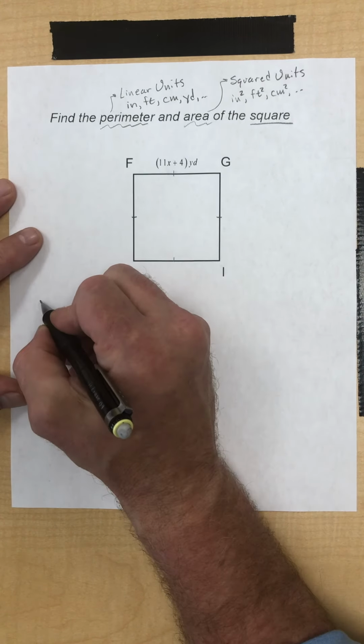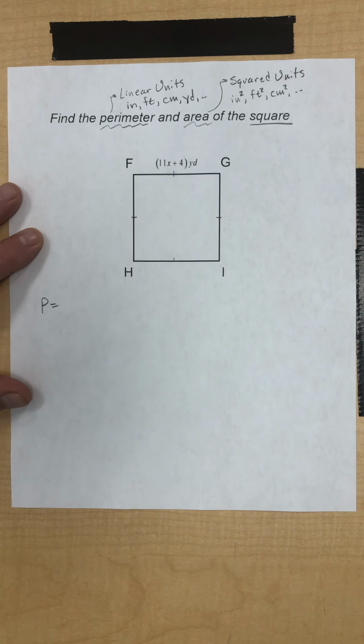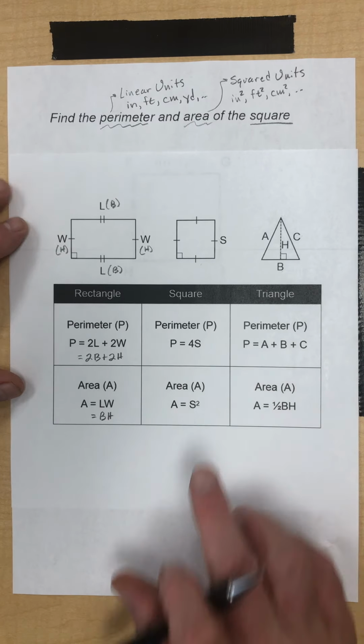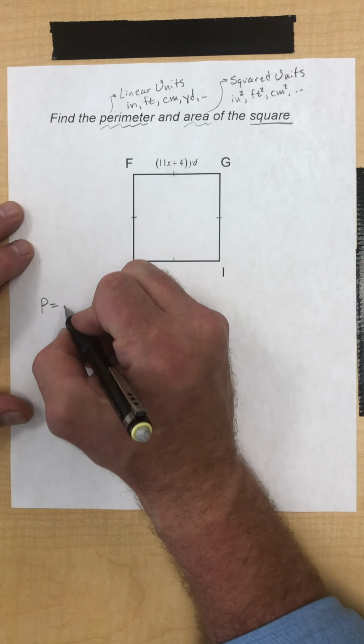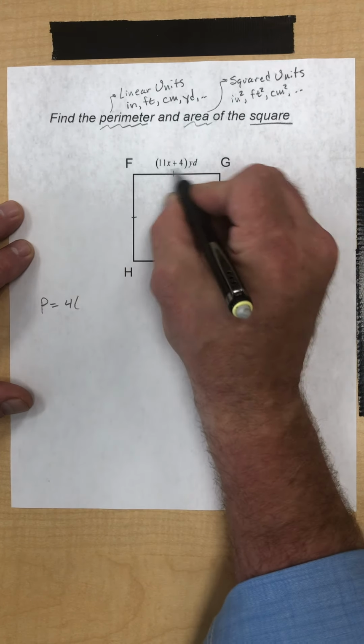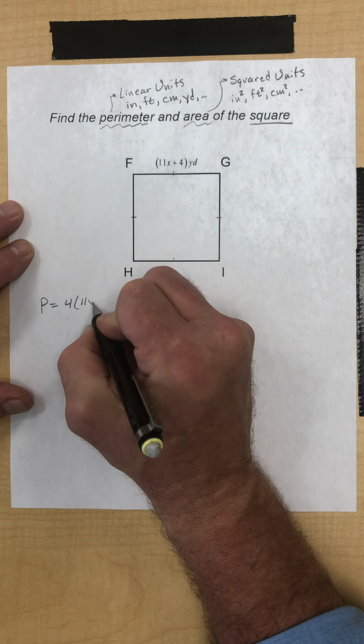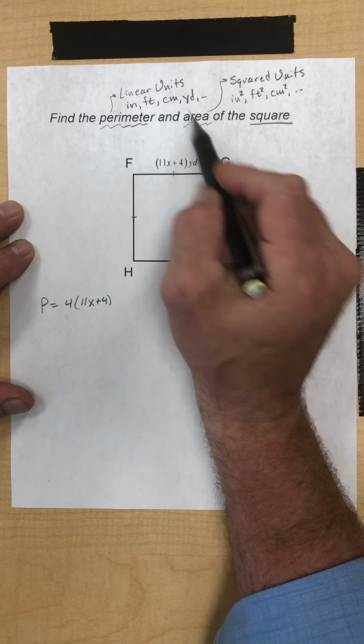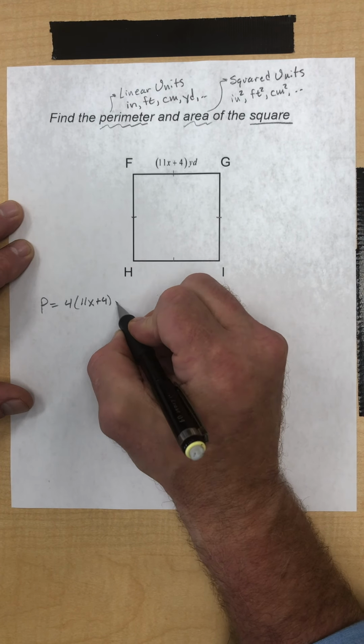So let's do perimeter first. We go back here. The perimeter for a square would just be 4 times the length of a side, which is 11x plus 4. And it's perimeter, so it's linear units, so it's just in yards.